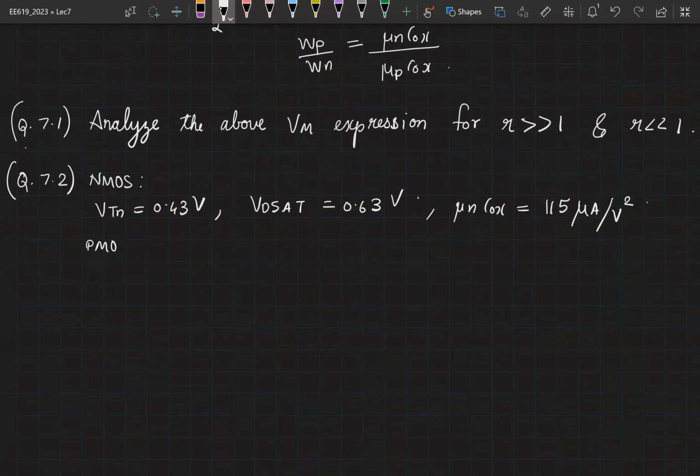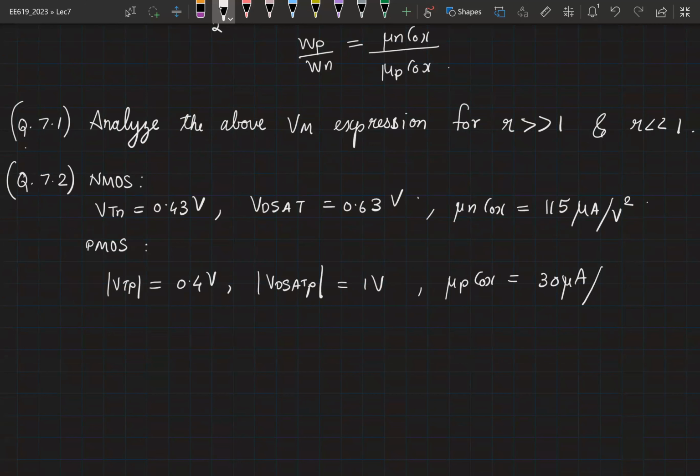For the PMOS, mod VTP is 0.4 volt. VDSAT P is 1 volt. And mu PCOX is 30 microamperes per volt square. It is given that VDD is equal to 2.5 volt. Can you find the ratio of WP by WN for VM equal to VDD by 2?